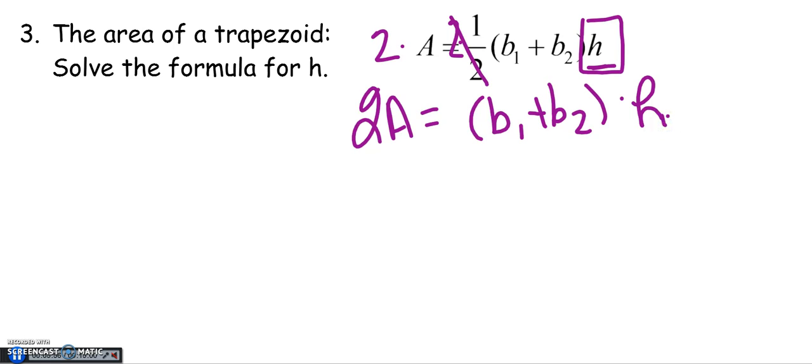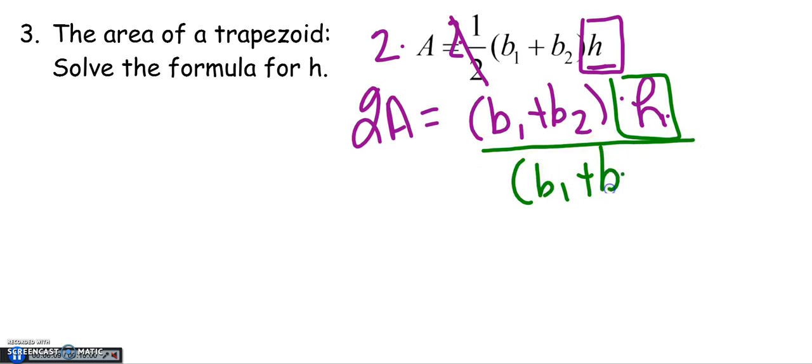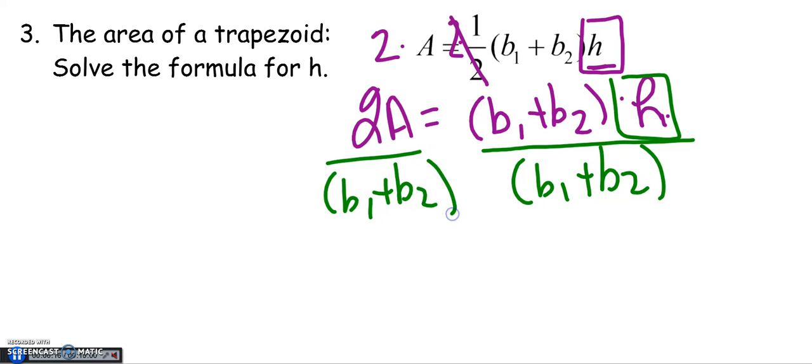Alright, now we have to get the h by itself. So it's attached to the base 1 plus base 2 times the height. To move it, we're going to divide both sides by that set of parentheses. So the parentheses cancel out here.